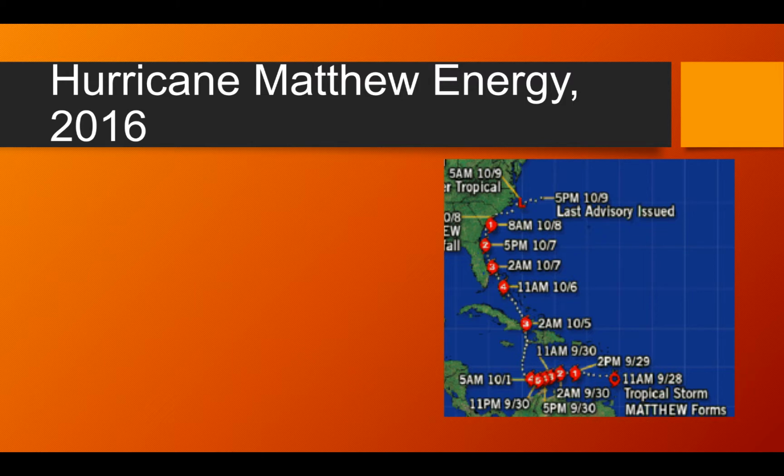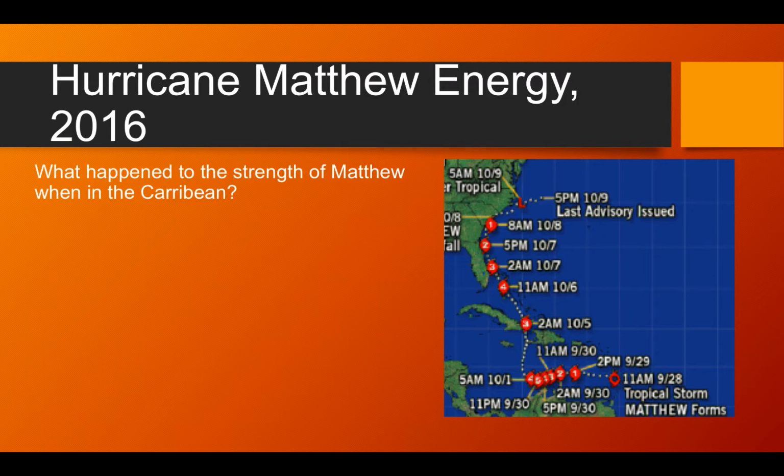You can see a map on the right-hand side showing the progression of that storm that started around September 28th in 2016 and finally left the coast of North Carolina as a low-temperature tropical storm on October 9th. So let's think about the transition of that storm from its inception to when it moved back out to sea.